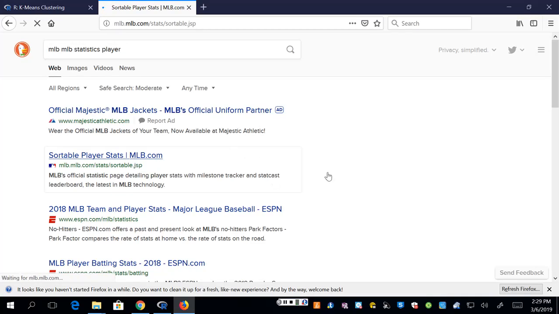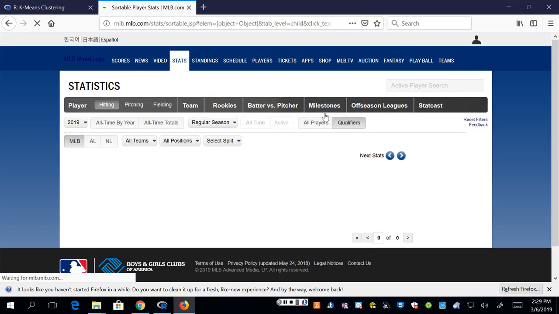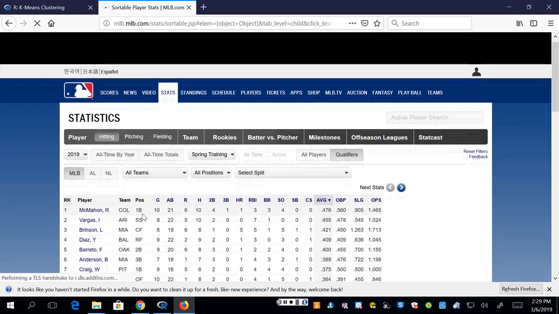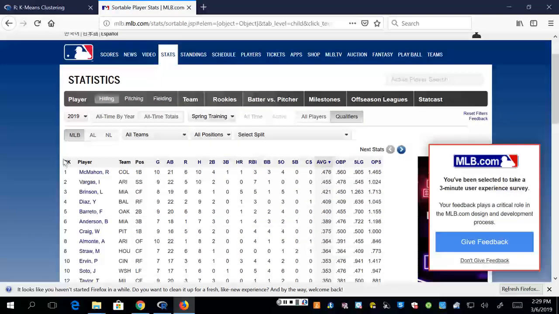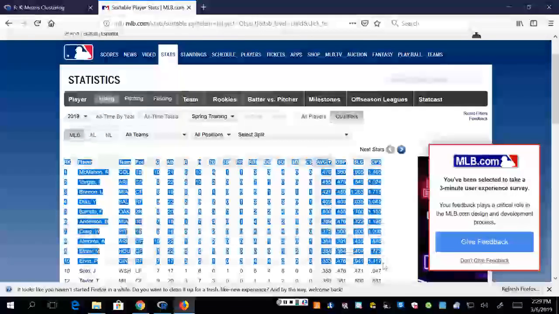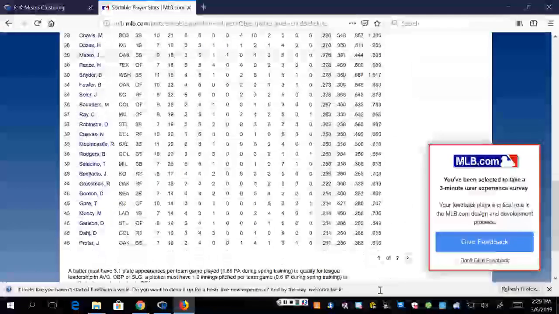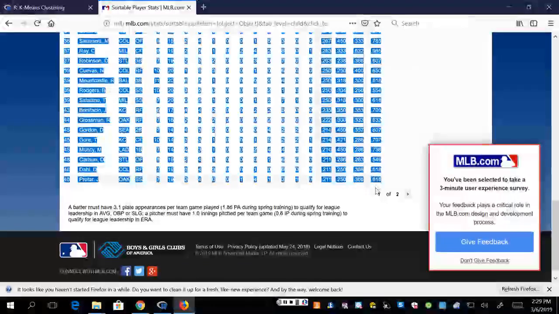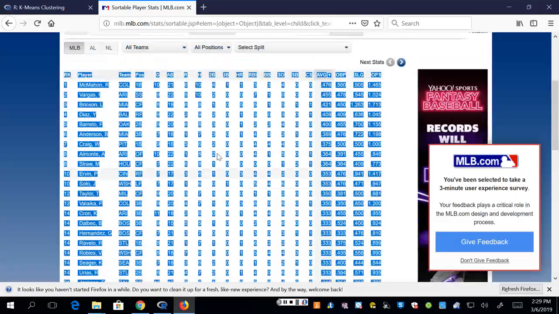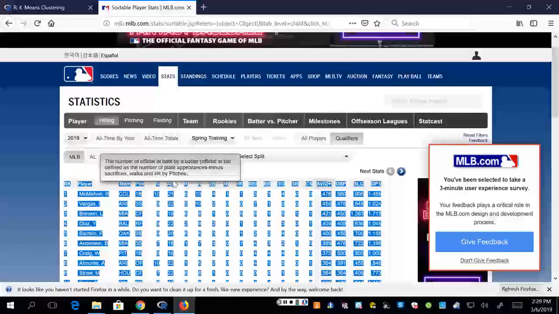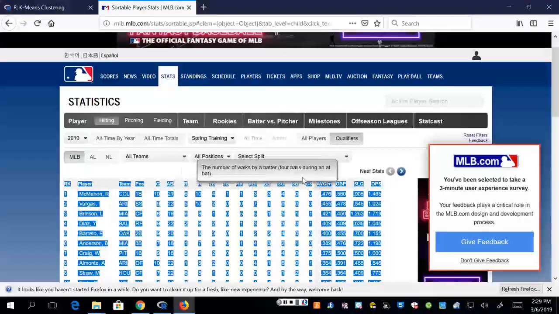You can just highlight all of this and drop it into an Excel file, and then you get all those players in there. Then get that into R, and cluster all these variables to see if any patterns come out.